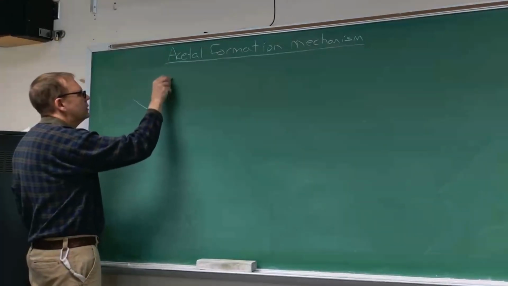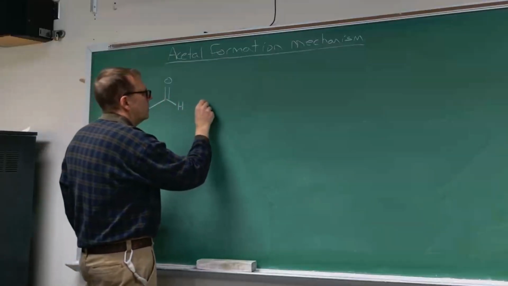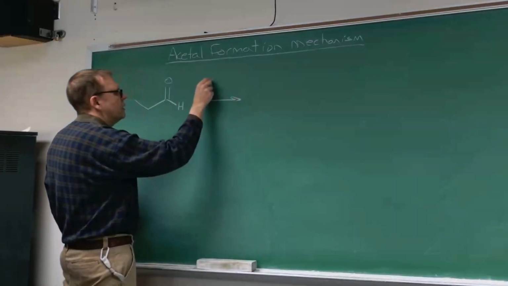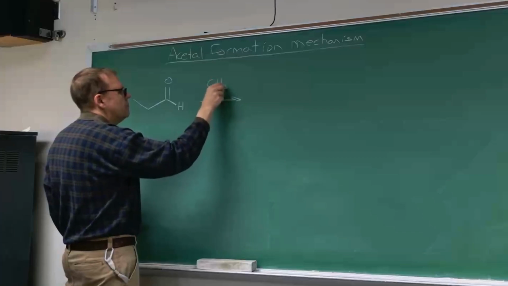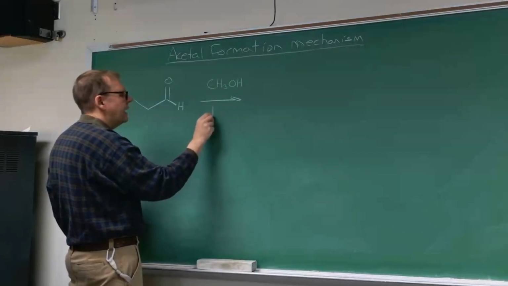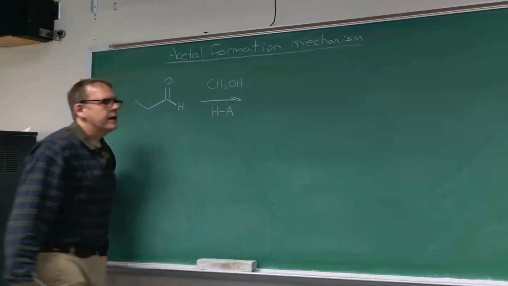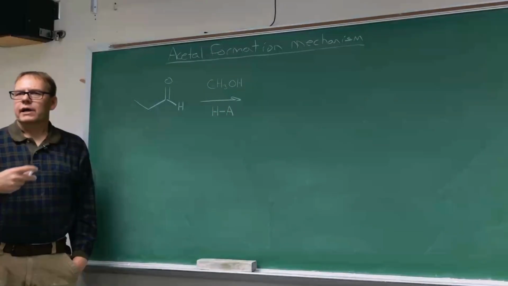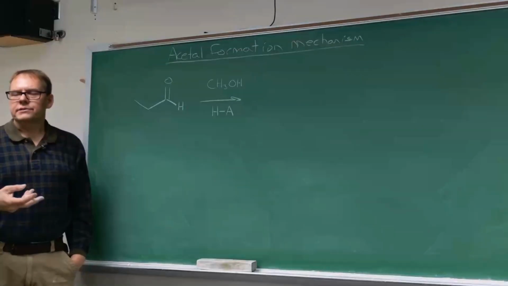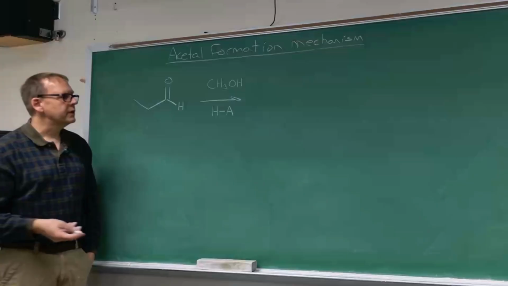We're going to look at propanal, which we just used yesterday in the lab, reacting with methanol. And an acid catalyst, I'm going to just use HA as a short, kind of easy generic acid catalyst, and then we'll talk about some specific acid catalysts that get used really frequently.